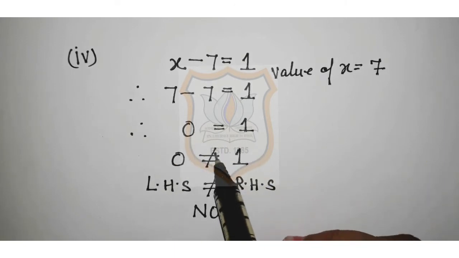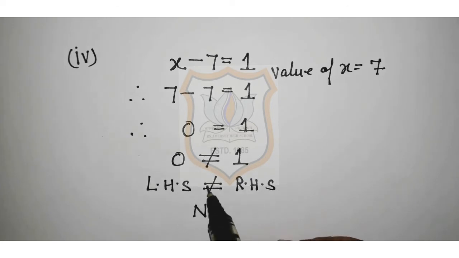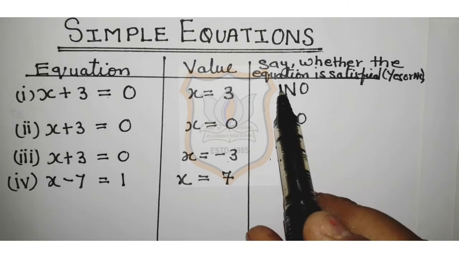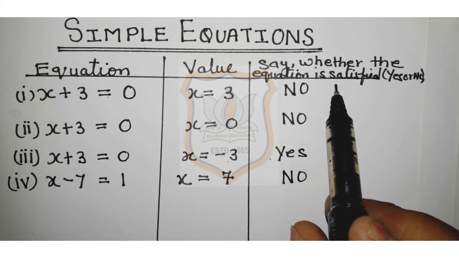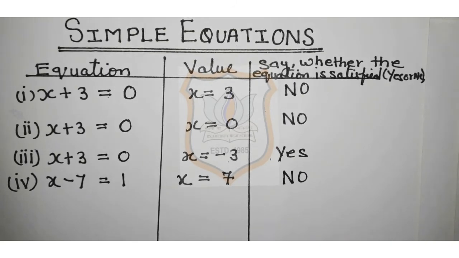Now 0 is not equal to 1. So we can say that LHS is not equal to RHS and our answer is no. In part 4th we will write here no because this answer does not satisfy the equation. The value of x that is equal to 7 does not satisfy the equation. So our answer is no.